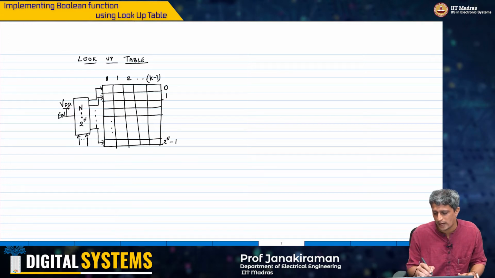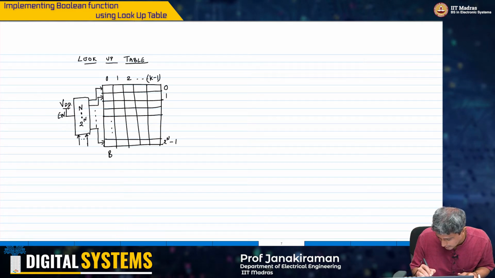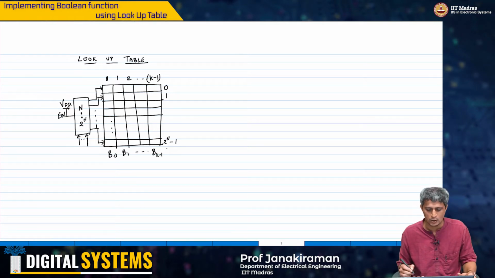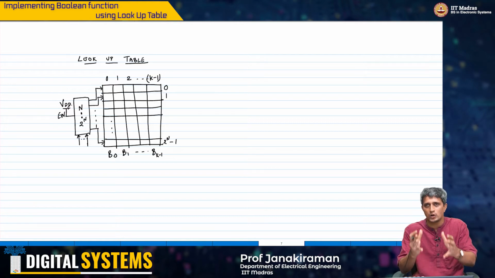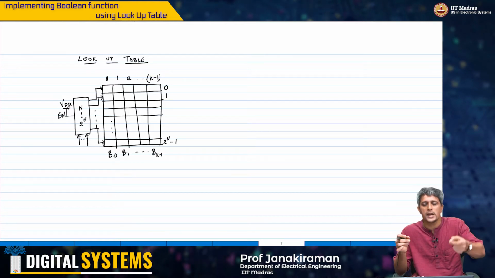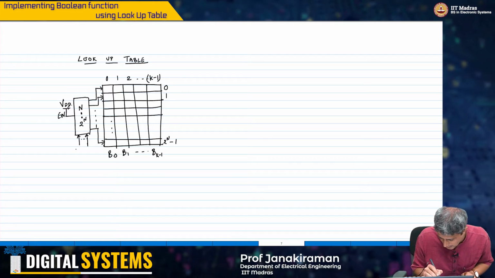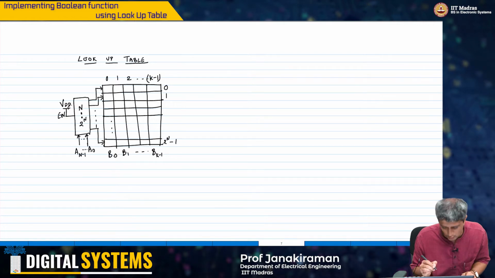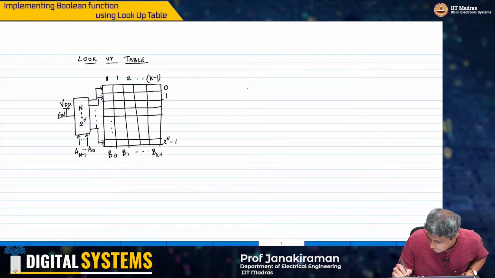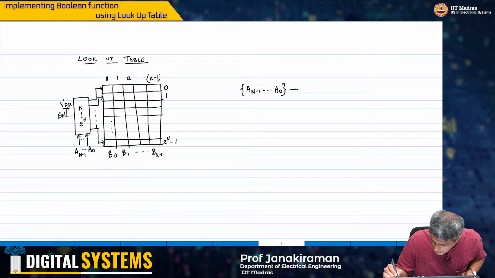So I have k bits, b0, b1, up to b k minus 1, coming out of each row depending on the decoder address. My address bits are a n minus 1 all the way to a0, an n bit address.